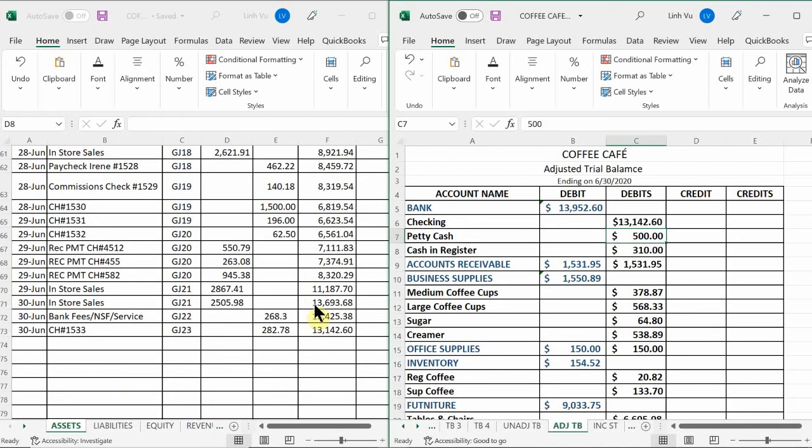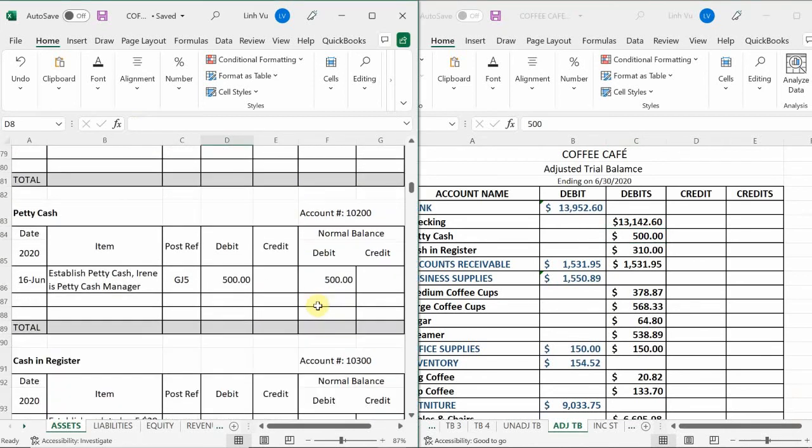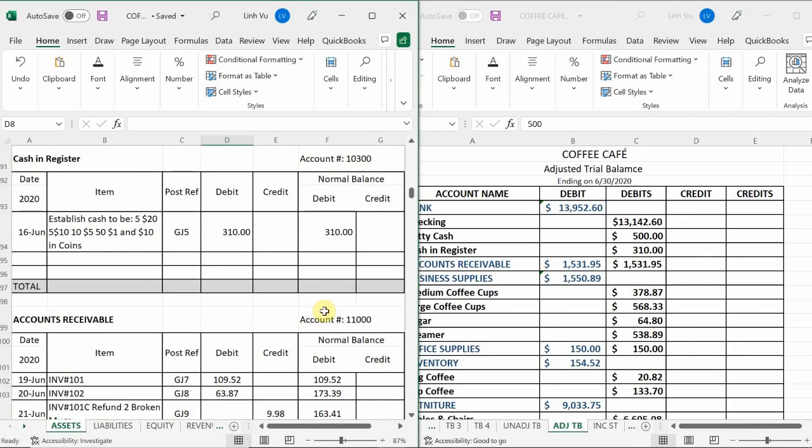Okay? However, my petty cash is still at 500, and my cash in the register is still $310. So in this case, that's all the same. Those are all the same. So right now, I have a total of $13,952.60 in my bank account. Okay.